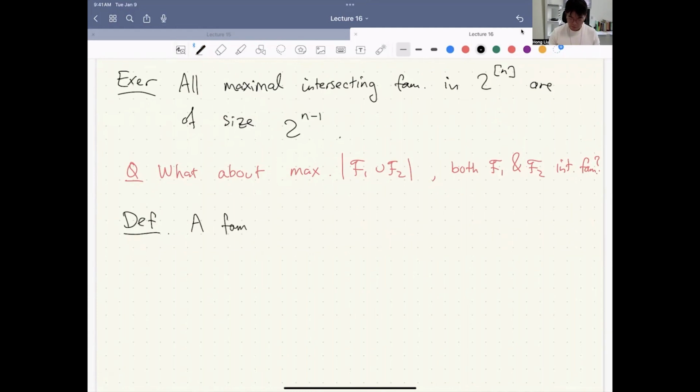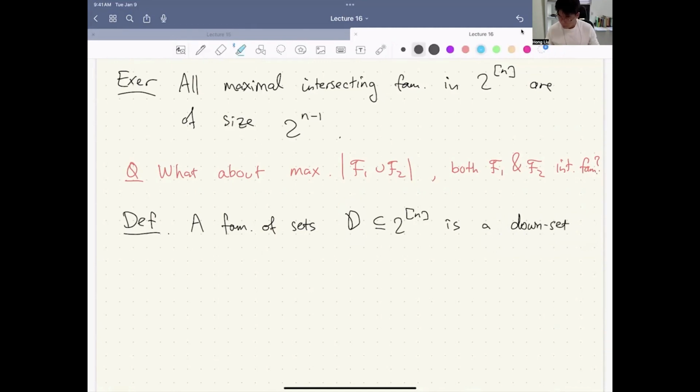A family of sets, let's call it D, is a downset. Sometimes in the literature, people also call it a simplicial complex.